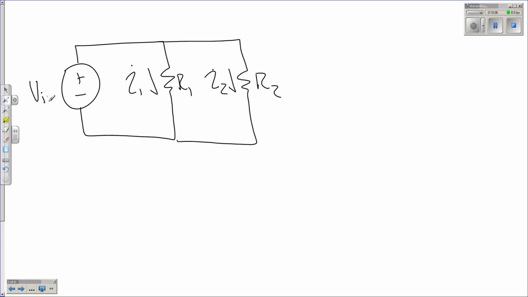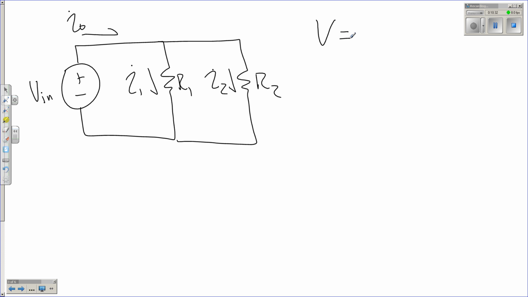We've got some voltage being set by the source, some current coming in. And what we want to know is how much we can pull off of, say, R2. In the notes, we've got an example of 1%. So let's use that.